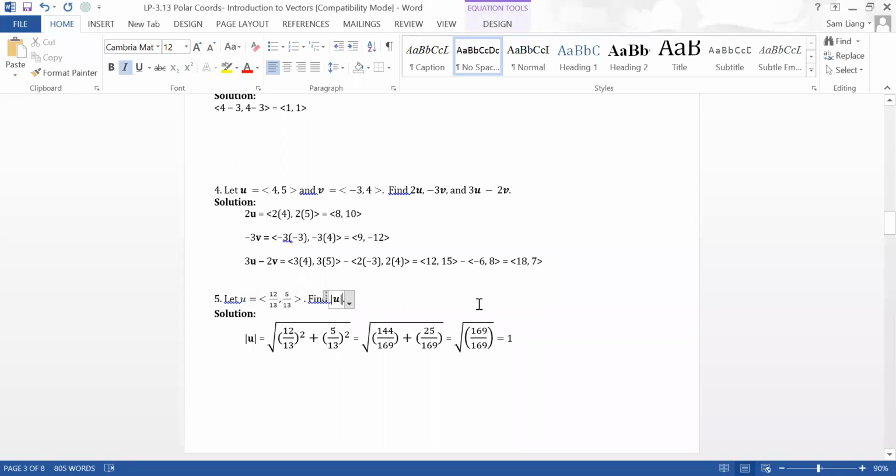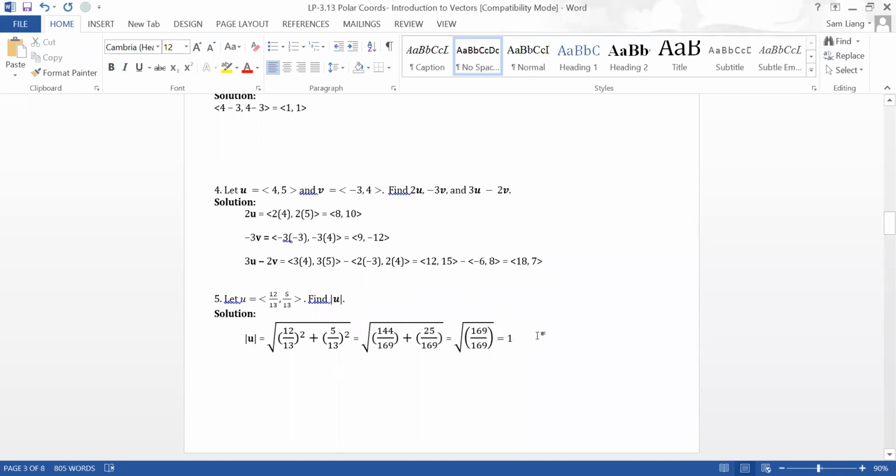Again, just remember that notation. You have to find the magnitude or the length of the vector. So it's the square root of a squared plus b squared. That's 12 over 13 squared plus 5 over 13 squared, square root of that sum. So that becomes the square root of 144 over 169 plus 25 over 169. The sum of that is 169 over 169, and that's the square root of 1, so just 1.